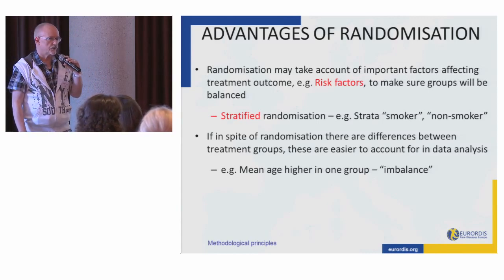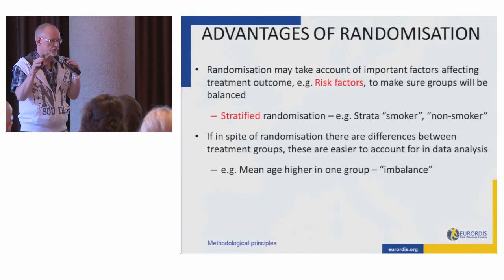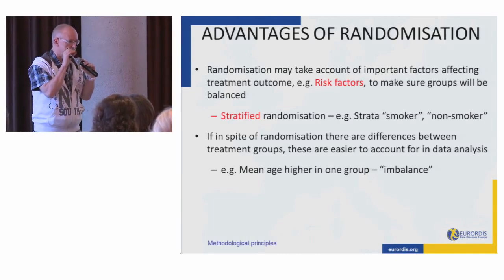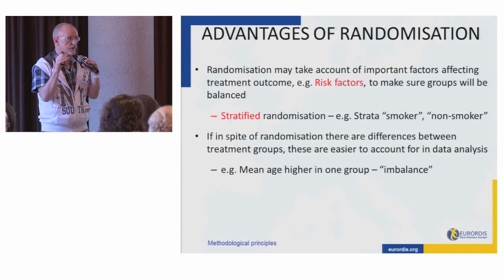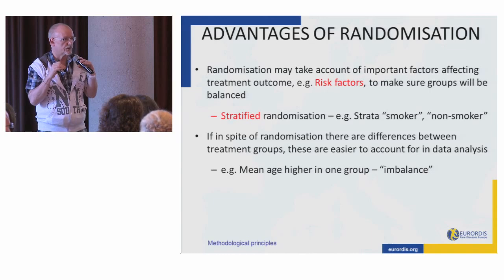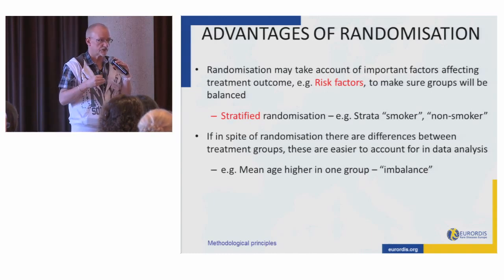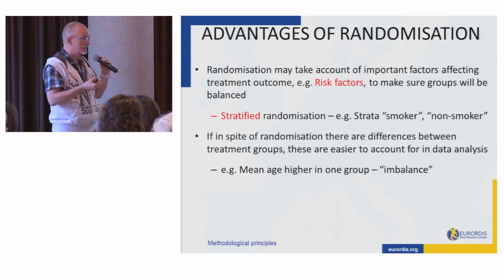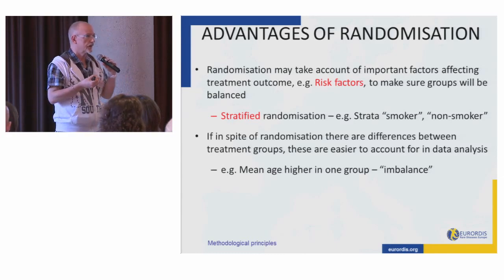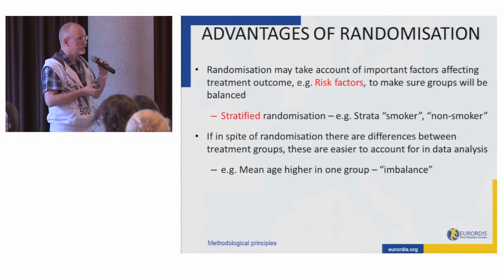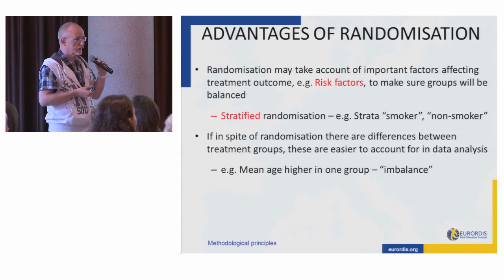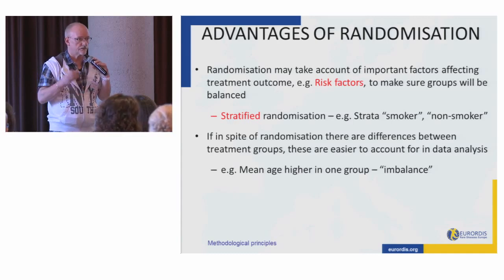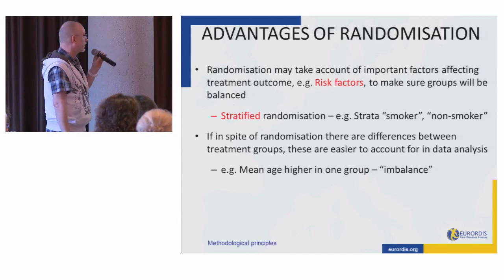So you want to make sure at the beginning of the trial that in the two treatment groups, you will have the same proportion of smokers in both groups. The way to do that is to stratify the randomization, based on your smoking status. We collect that information in advance and take it into account in the randomization process, ending up in having maybe 10% of smokers in both treatment groups, and all is well. Smoking will not introduce any bias into the results.